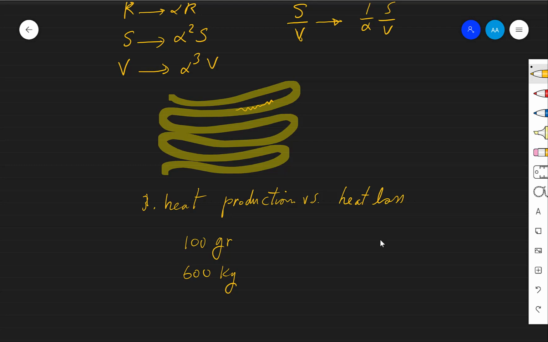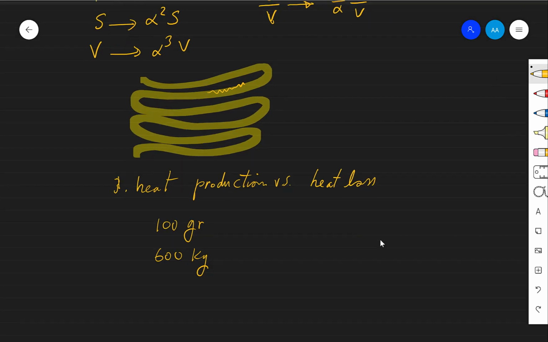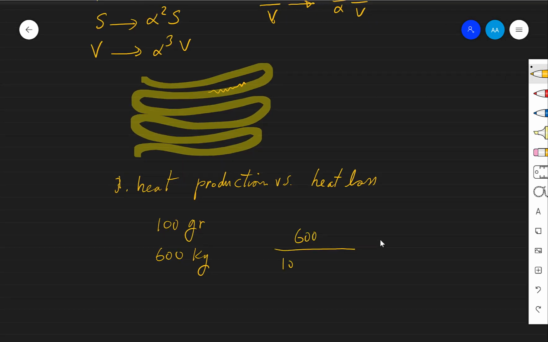And if we compute this to the power 1/3, this is the ratio of their length size, which is about 6,000 to the power 1/3, which is about 20.